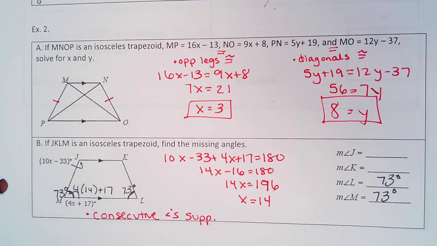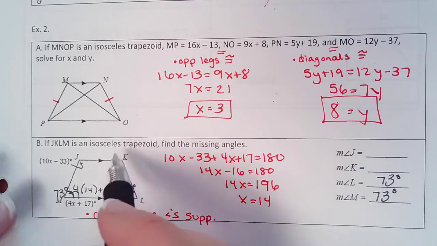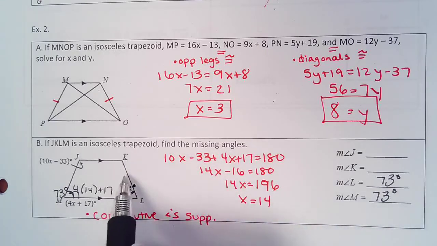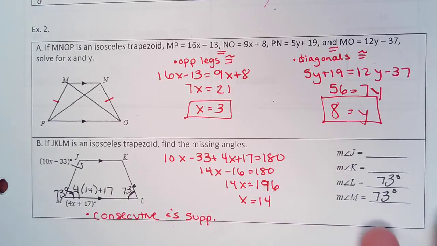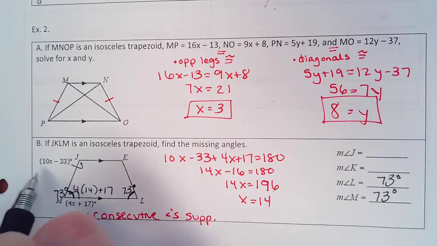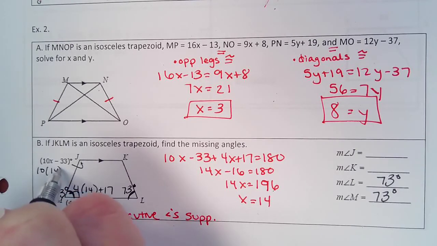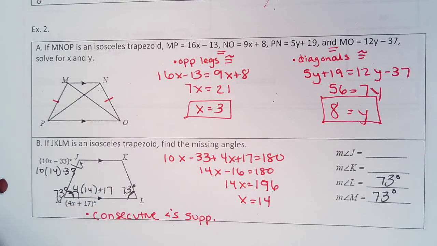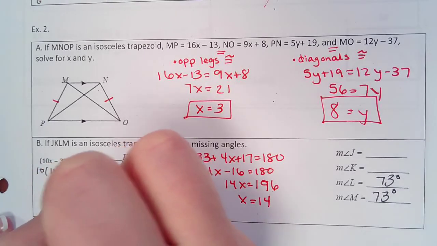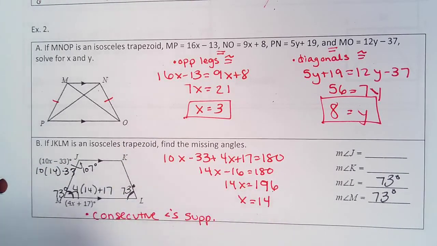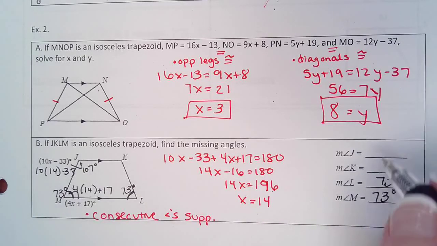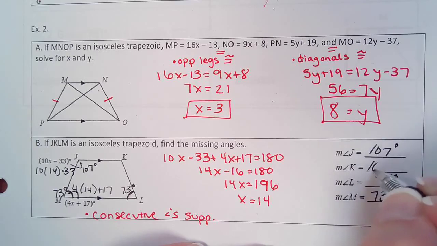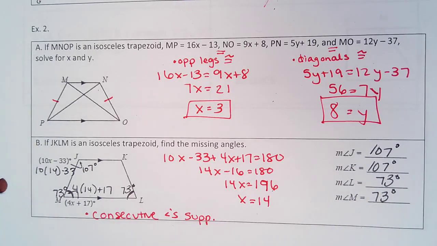Then for J and K, I can go ahead and subtract from 180 and find both J and K, or I can just plug in 14 for x, so 10 times 14 minus 33, and get 107. If I add these together, I should get 180, and I do. So that just double checks my answer. Both of those angles should be 107.